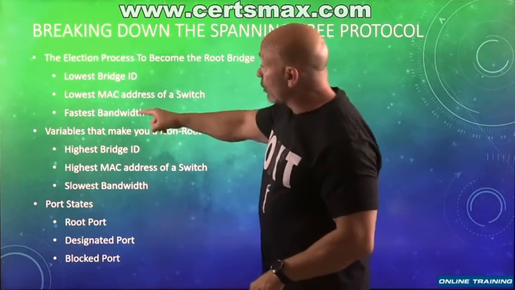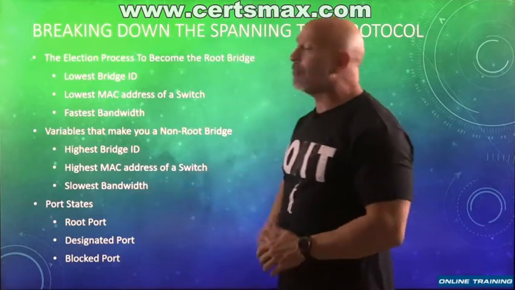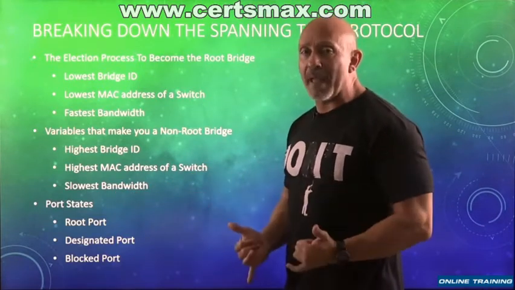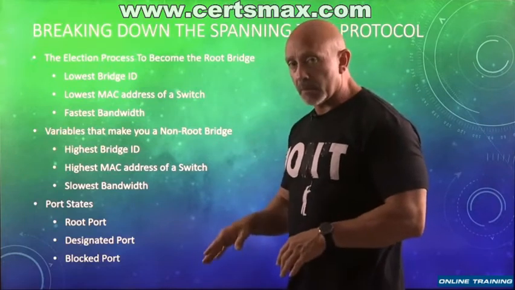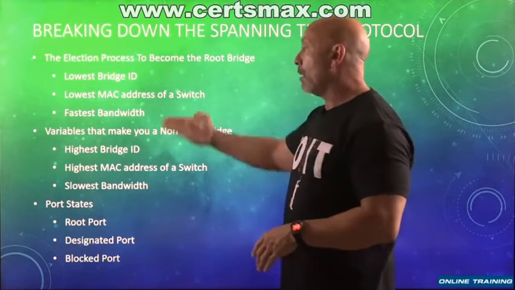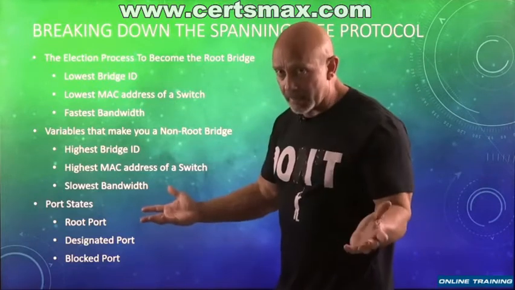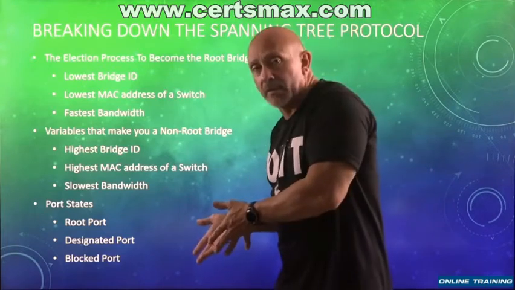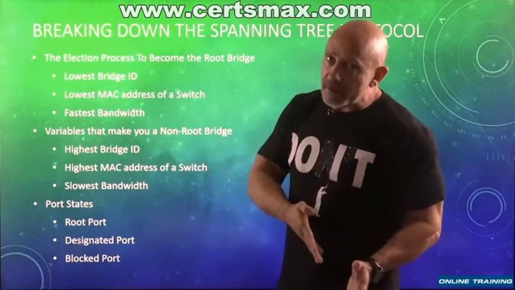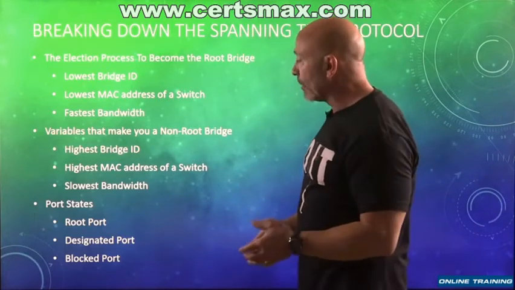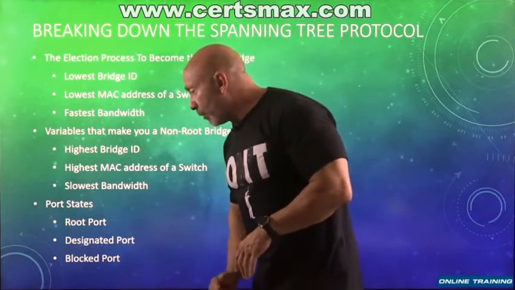Well, this is where the fastest and slowest bandwidth comes in. Obviously, it's going to pick the slowest bandwidth to block a port, not a faster bandwidth. That makes sense. You're going to block an Ethernet 0 before you block a FastEthernet 0. You're going to block a FastEthernet 0 before you block a Gigabit 0, and so forth. So that will become a blocked port.